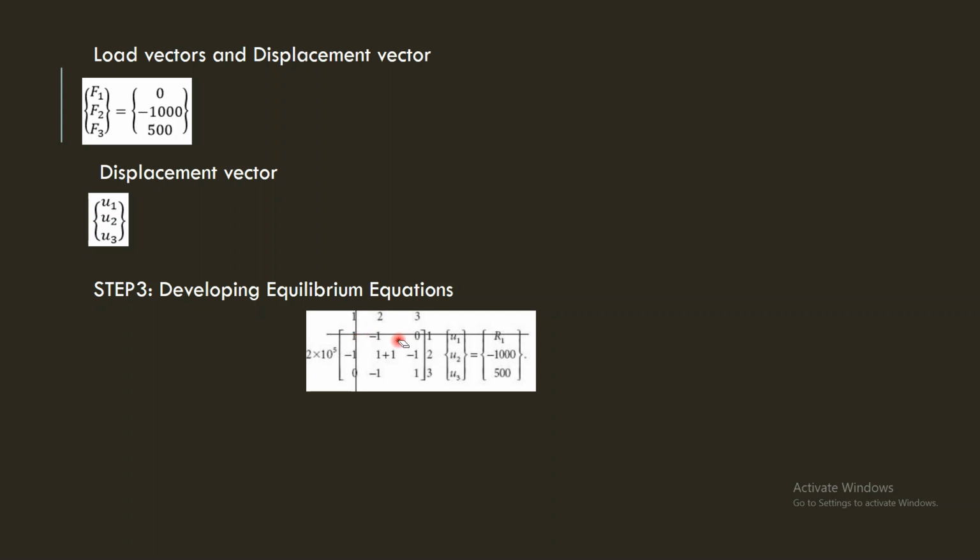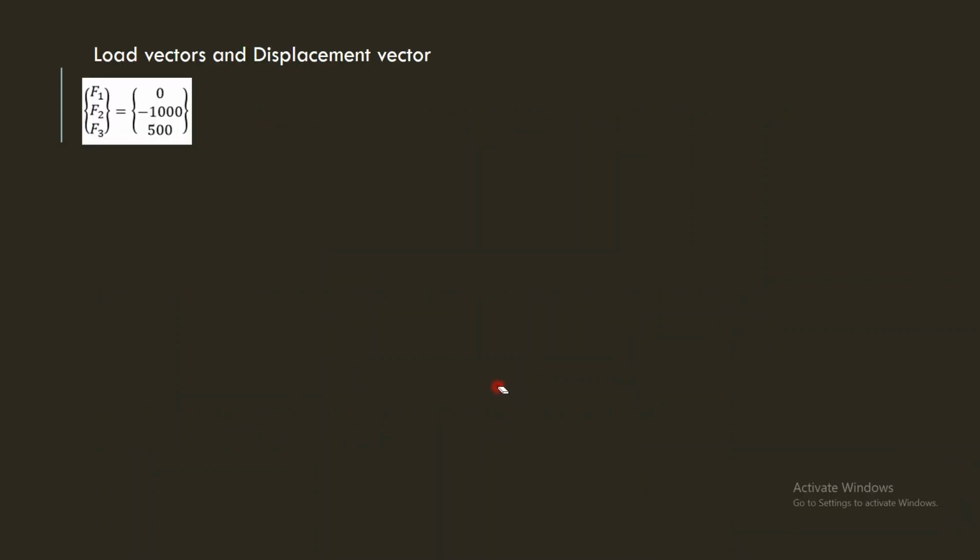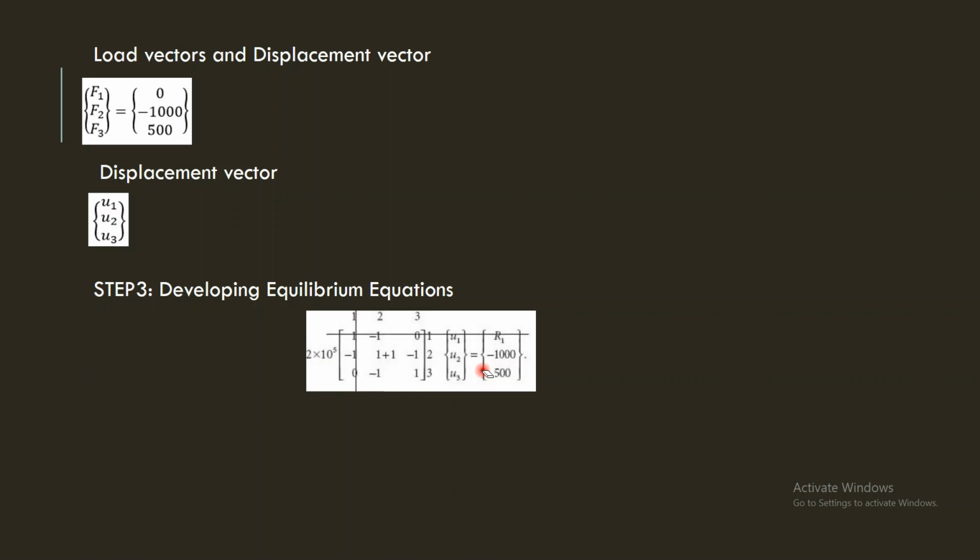In order to do that, you have to look into the individual elemental stiffness matrix, the coefficients of that particular position, like A11. So for 1, 1, we have only the number 1, and that's what I should write down here.